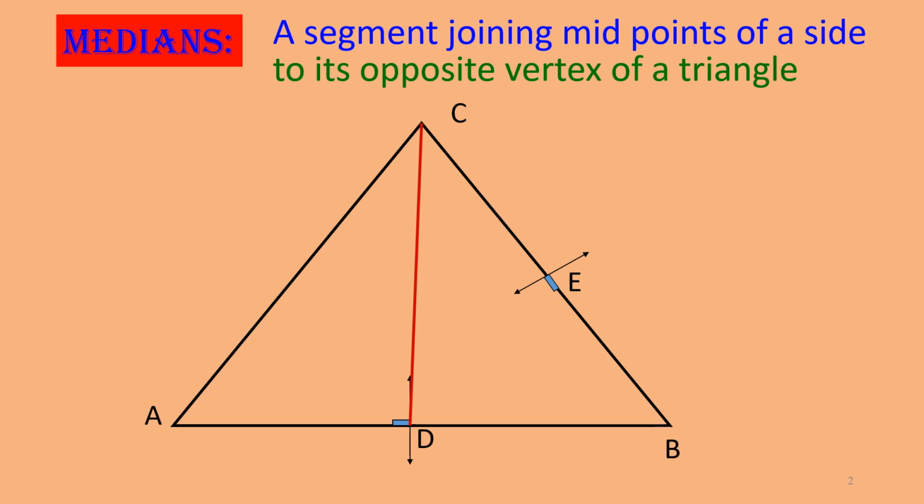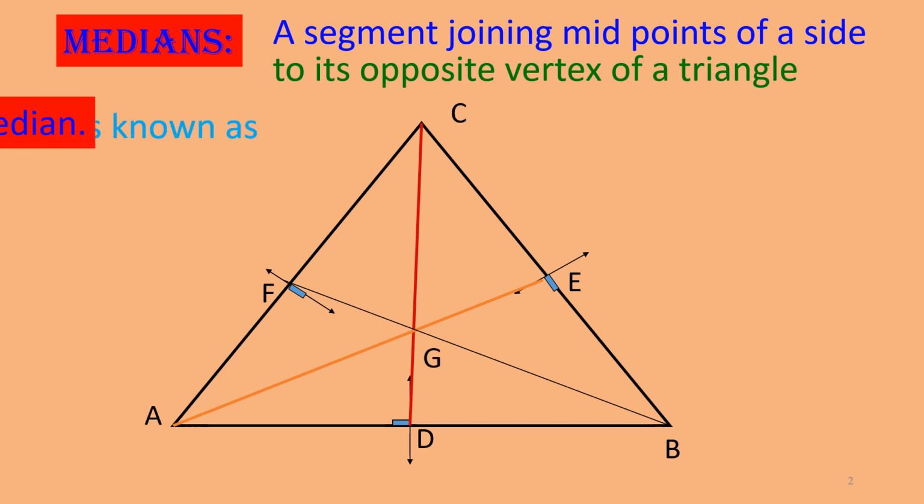First the midpoint E is the midpoint that we get by the perpendicular bisector, and then join it with A. In the same way we have AC, which has F as its midpoint, and now we join that. So we can say that segment CD, segment AE, and segment BF are known as the medians of the triangle. I hope it is clear. You will see that they are intersecting at one point. Let us go for the next part.